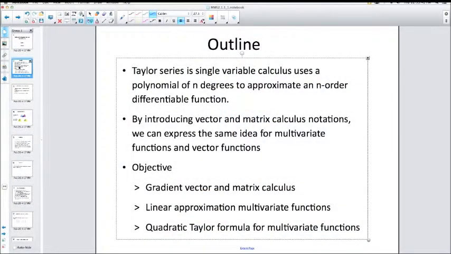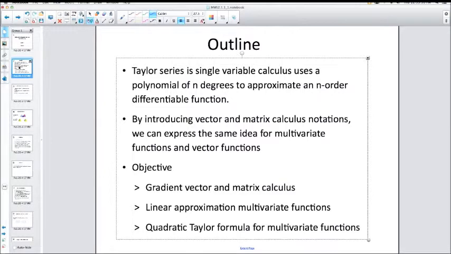Our first lesson is going to define a few analogical concepts in multivariate calculus, such as the gradient vector, the Jacobian matrix, and the Hessian matrix.